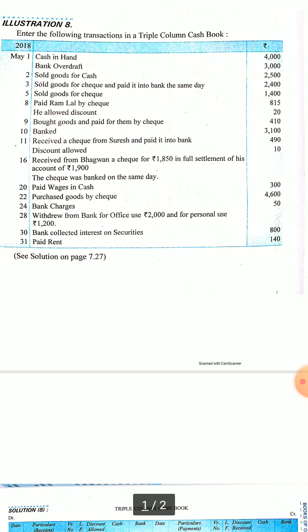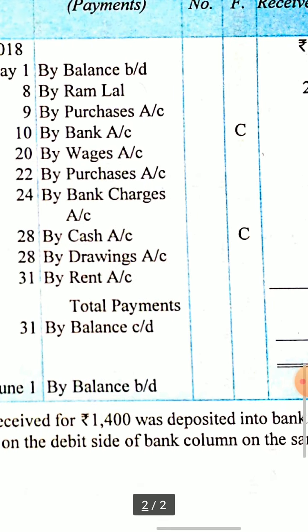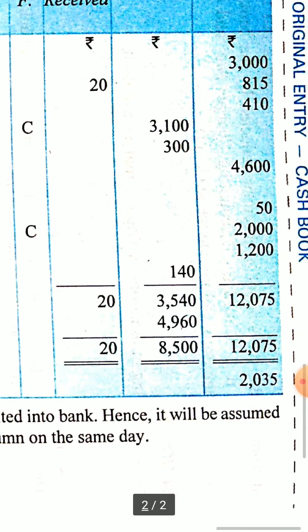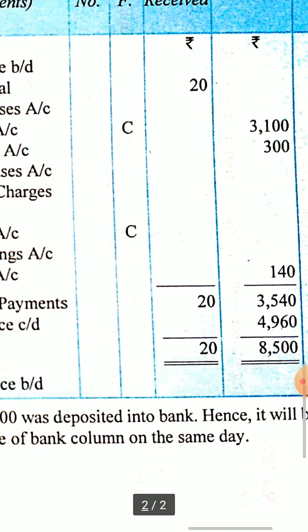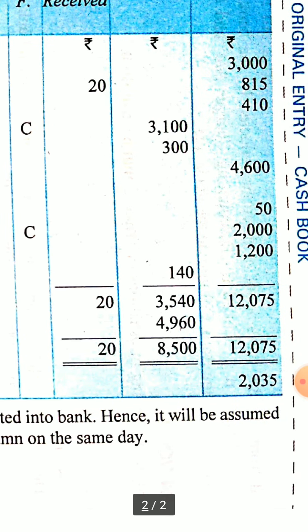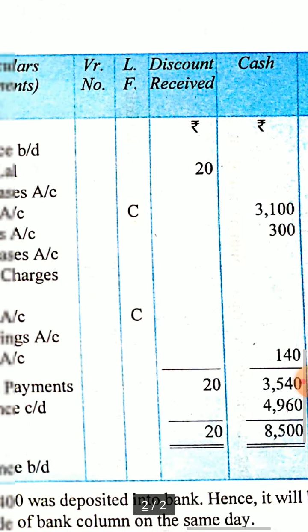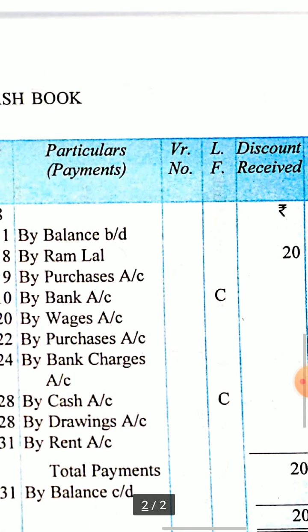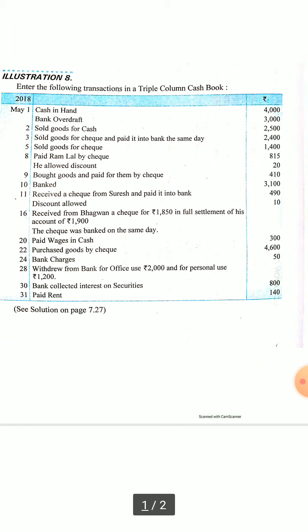Again, bank charges. Often we assume that bank charges will be collected by the bank by debiting our account with them. So we will credit that amount in the cash book by bank charges rupees 50 in the bank column directly. Again, withdrew from bank for office use 2000 and for personal use 1200. Now see what is the entry for that.